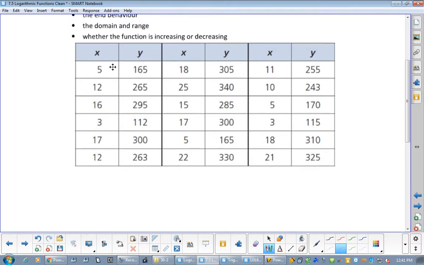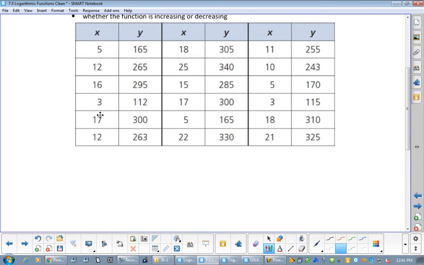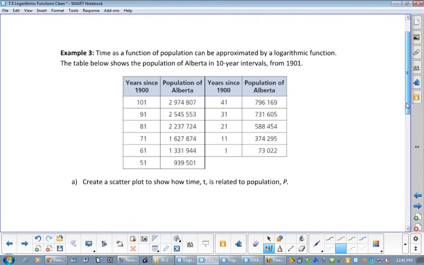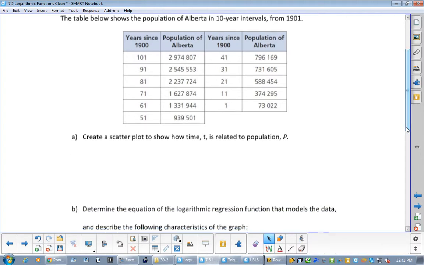I'm just wondering, do we need to do 2 of these? Let's go to example 3, because you're going to get the point, right? Okay, so we'll just do one of these, and that way you'll have time to finish all your work in class, and then maybe get back some unit tests today, hey?